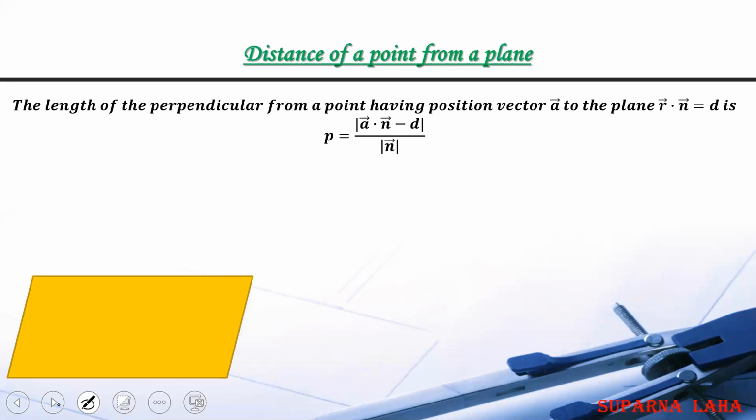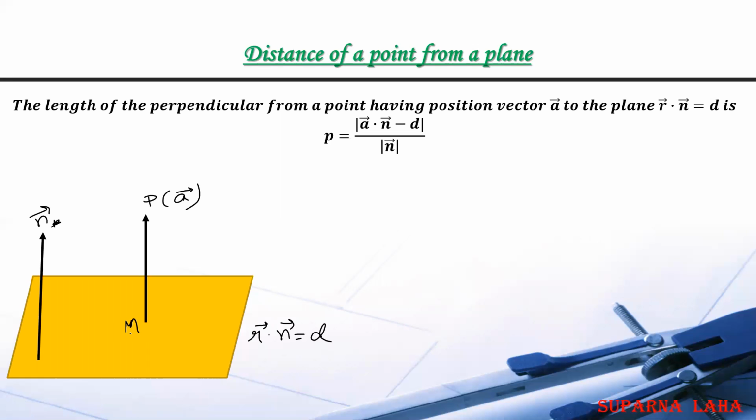Taking this plane whose equation is r dot product with n equals d, n is the perpendicular to this plane. Taking any point P whose position vector is A, draw the perpendicular from P which intersects the plane at a point M. We need to find the value of PM, that is the modulus of the vector PM.